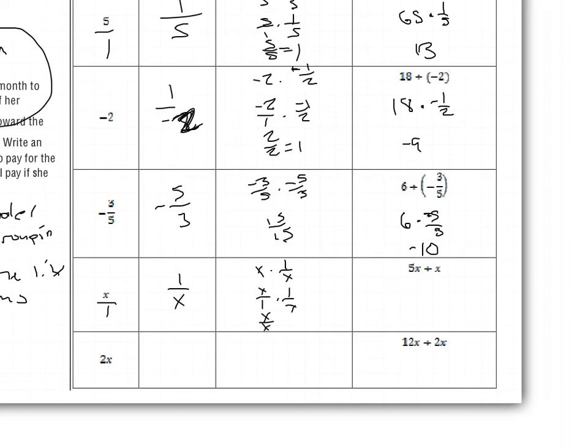And again, we don't have to know the value of that, but anything divided by itself is going to be 1. So if I wanted to simplify this, I'd have 5x times 1/x, and we'd get 5x divided by x, which x and x would cancel out, leaving me with just 5.